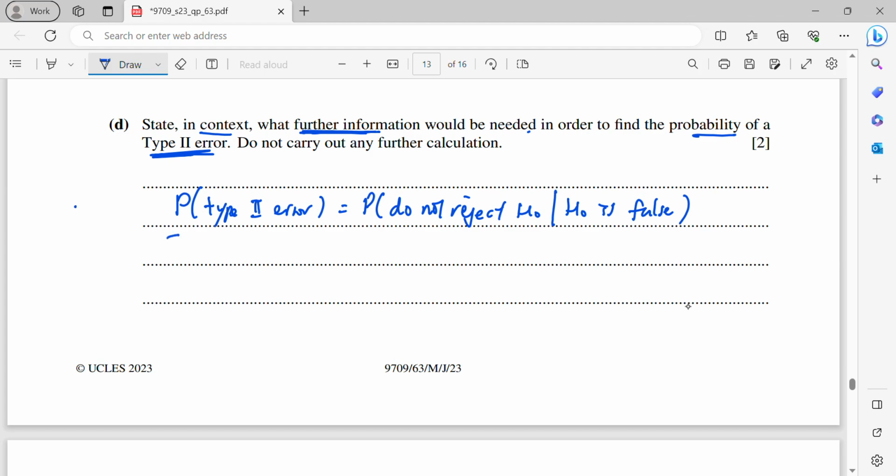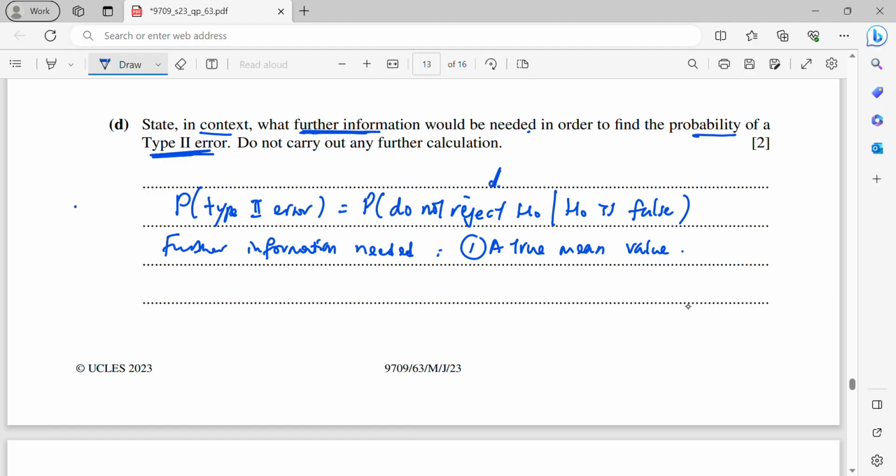So further information needed: a true mean value, meaning a true mean number of people.